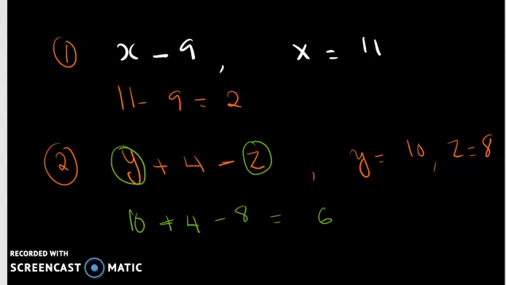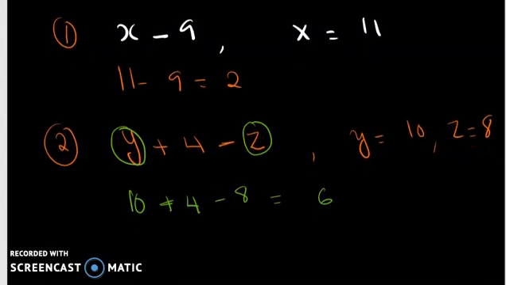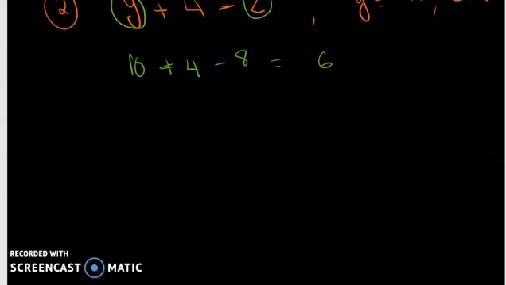Alright, we're going to make it a little bit interesting. What if we had 4x plus 2, and x in this case is equal to 3.